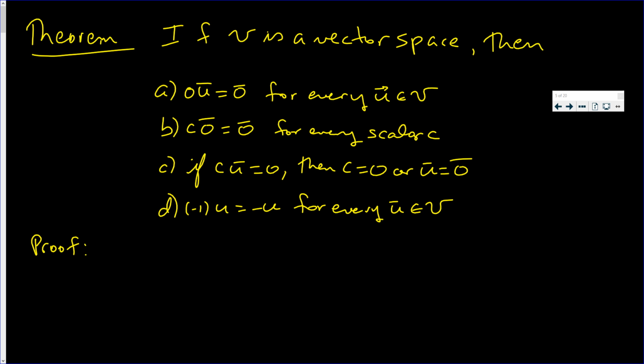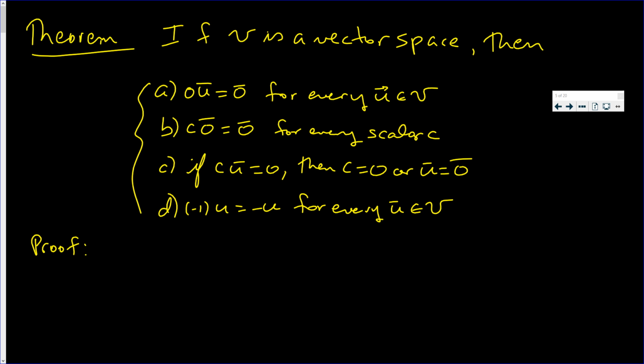If V is an abstract vector space, then those four properties hold. These four. Now remember that vector addition can be strangely defined. Vectors and scalar multiplication can equally be strangely defined.